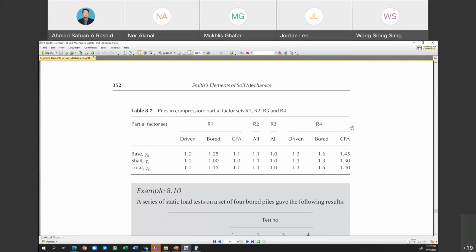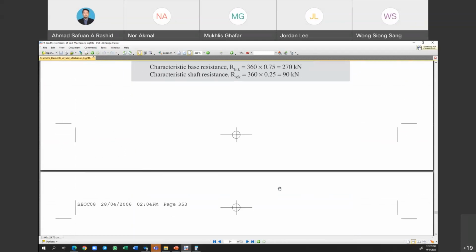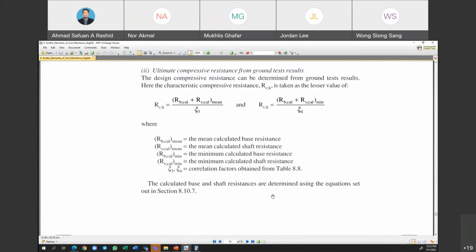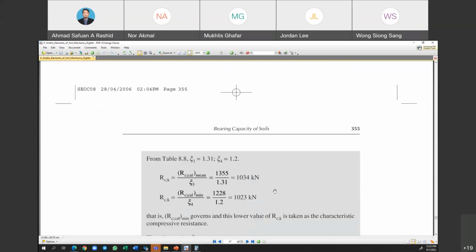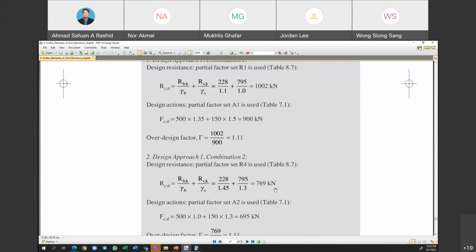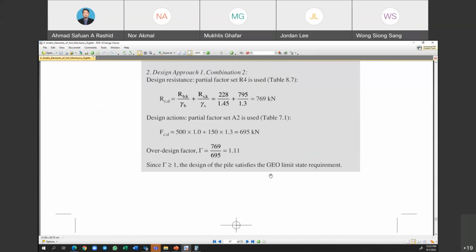This is a little bit different from the one we discussed in the slide. For the R4, they have without explicit verification of SLS and with explicit verification of SLS, but for this case there is no differentiation between R4, whether we include the SLS or not.